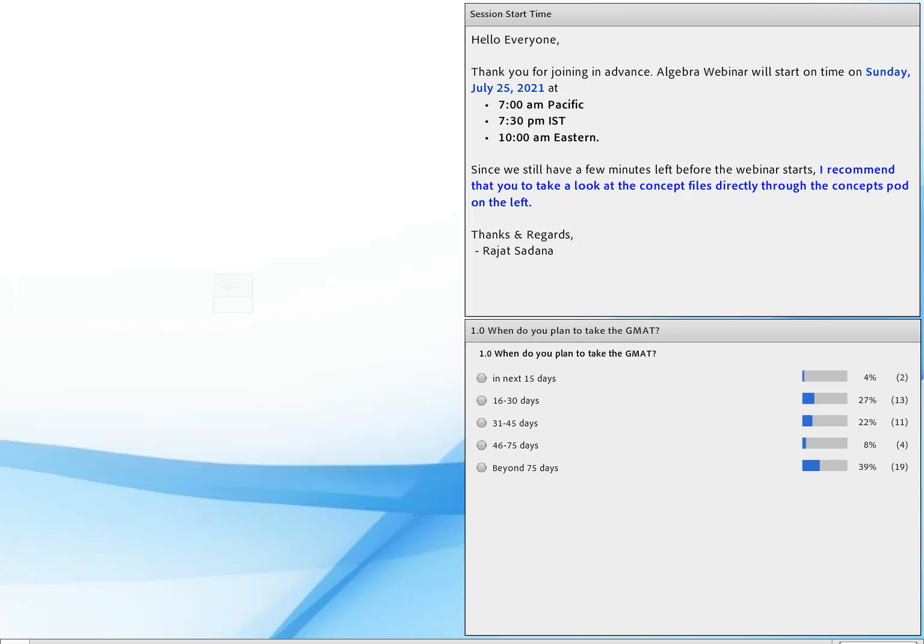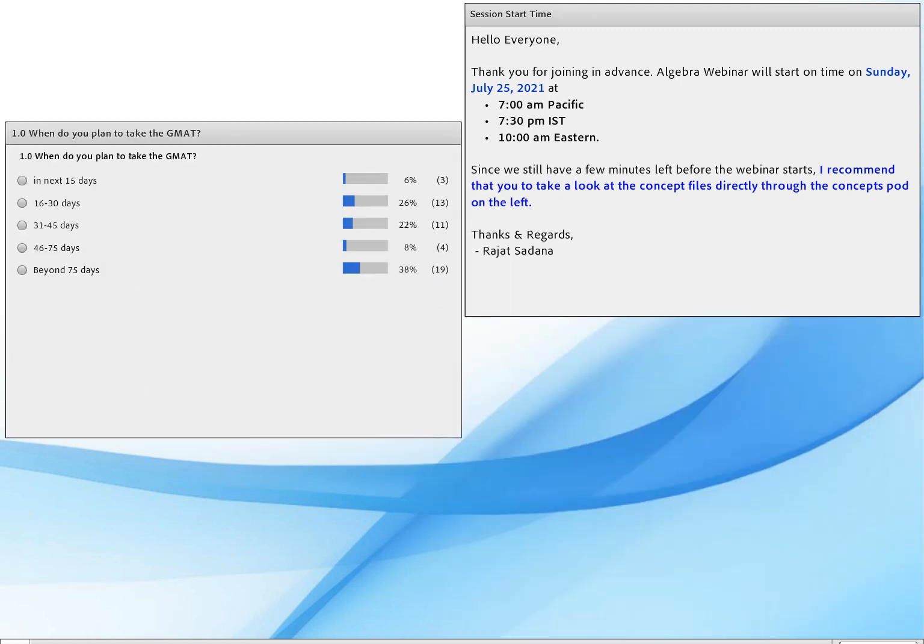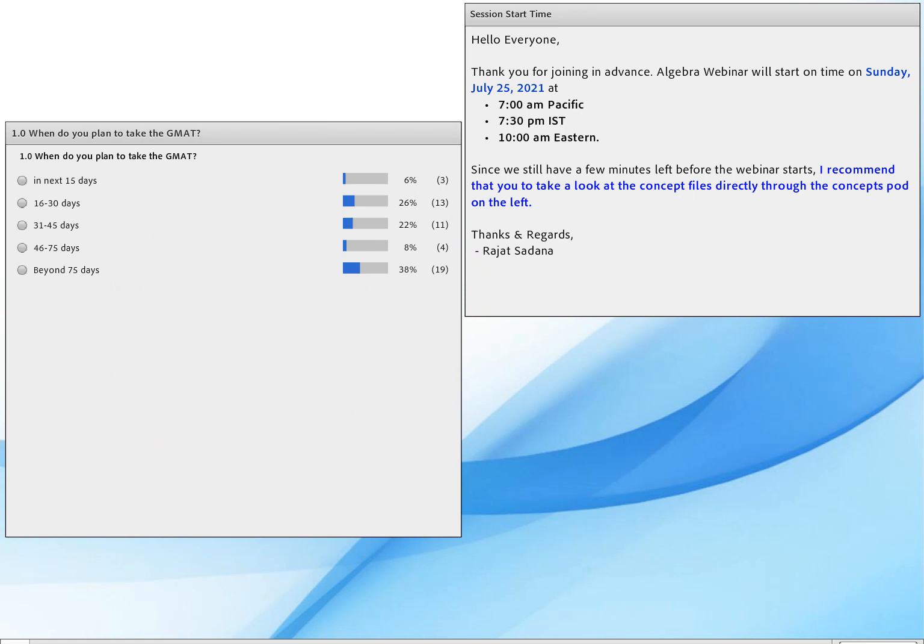Now, there was this poll that we had put here about when you plan to take the GMAT. I can see a lot of votes here, but in case you haven't already put in your vote, please mark your answers here. I can see that the majority, 36% of you, have the exam sometime beyond 75 days, and there still are 7% of us who have the exam in the next 15 days.